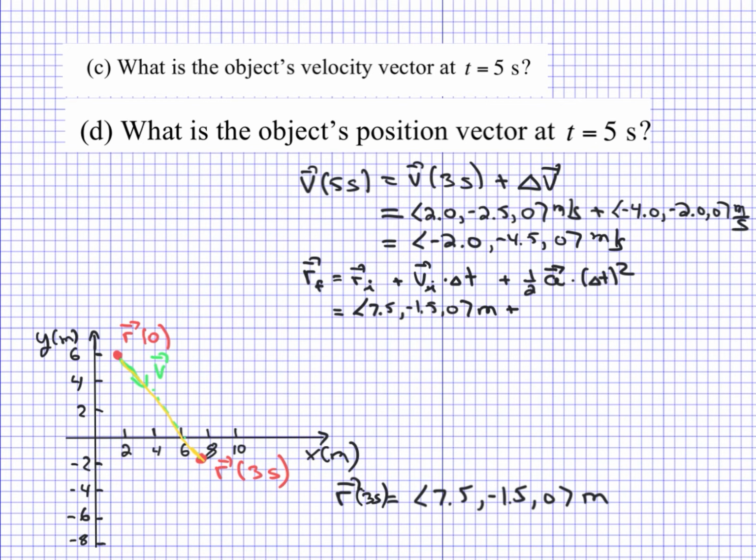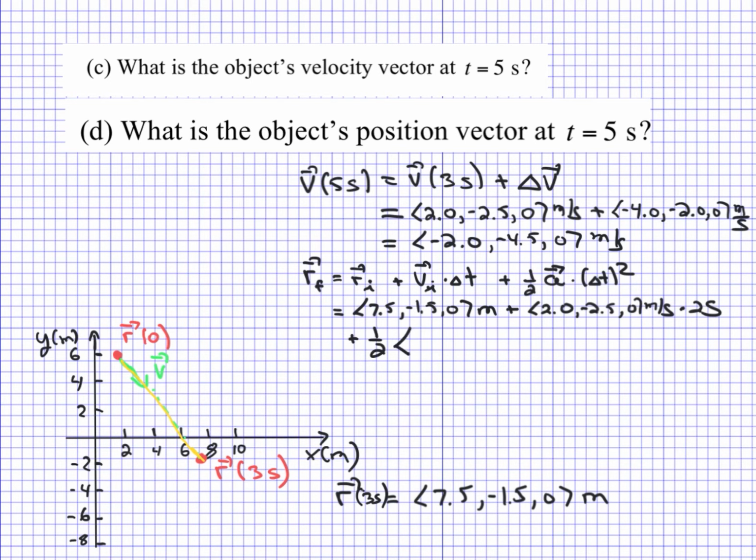So we're going to plug that in, and this is 2.0, -2.5, 0 meters per second times the duration of our time window. It's a 2-second duration time window. So that's this term here that we just typed in. And now we've got one more term to add in. So we have a plus 1/2.